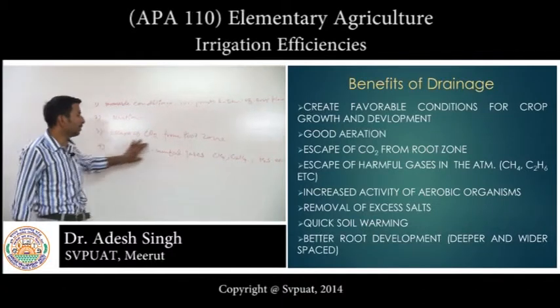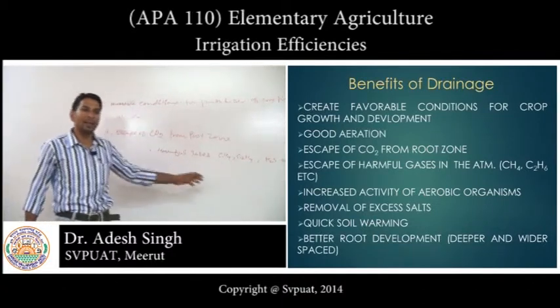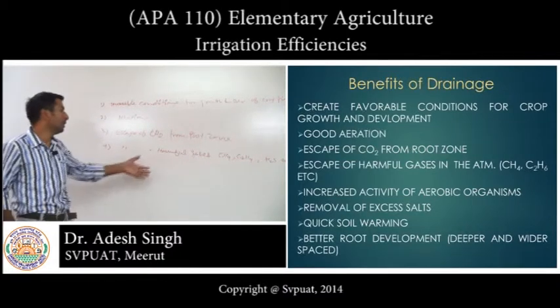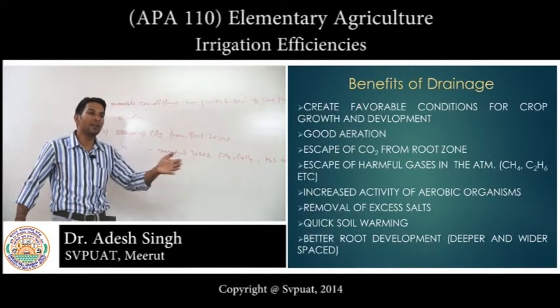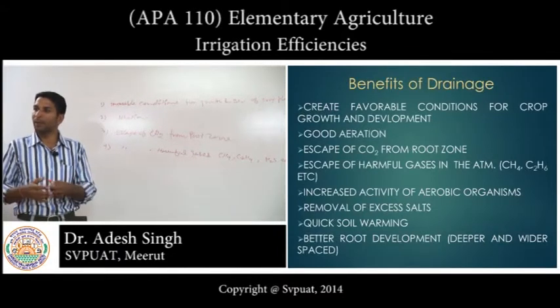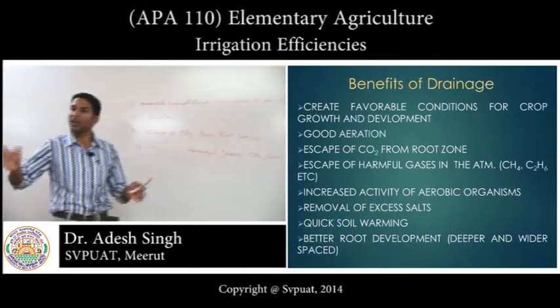So the accumulation of harmful gases takes place when there is excess water, because these gases can accumulate in the reduced condition, and reduced condition takes place when there is excess water instead of proper aeration.